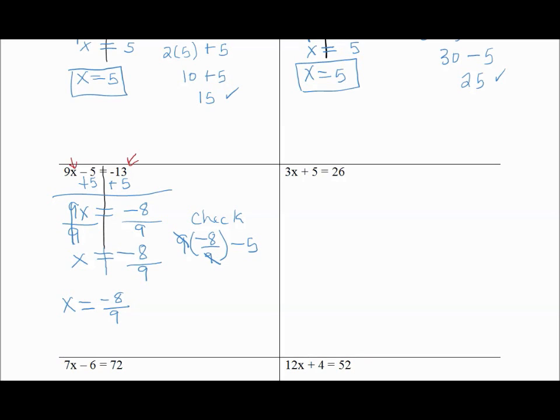Well, I see I can simplify before I get started. So this leaves me with negative 8 minus 5, and negative 8 minus 5 does equal negative 13. So I know I have the right answer. So that means that the solution to this equation is x equals negative 8 over 9.